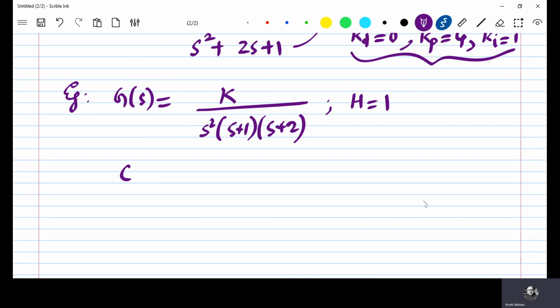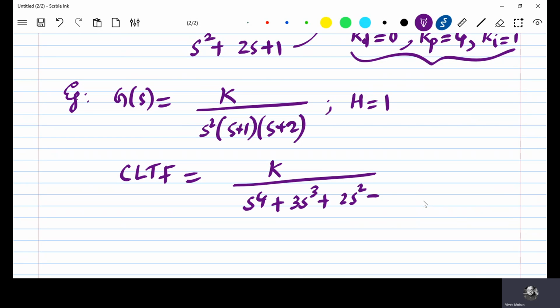Again, the closed loop transfer function becomes K divided by s raised to 4 plus 3s cube plus 2s squared plus K. Right. This is the closed loop transfer function, that means G by 1 plus GH where H is 1.